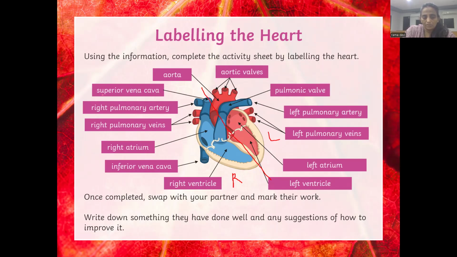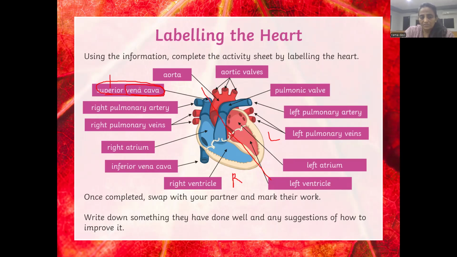Now let's see all the blood vessels attached. On the right side, here it is the superior vena cava. Superior means the upper part of the body. Vena cava is a kind of vein, because we have two types of blood vessels, arteries and veins. Veins carry blood towards the heart.